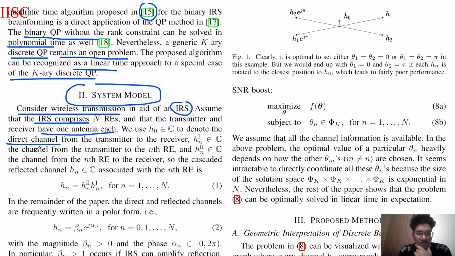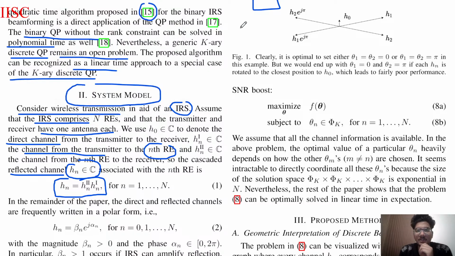HN is also complex, from the transmitter to the nth reflective element, and H2 is the channel from the nth reflective element to the receiver. The cascaded reflective channel HN is also complex, associated with the nth reflective element, and we will write this as a multiplication.